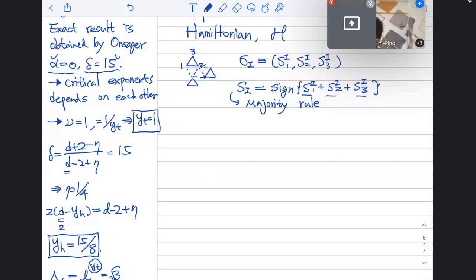So the question is, what are the possible combinations for this tuple sigma_i? Let me try to write them out. For sigma_i, we could have the tuple where all spins are pointing up, and 2 up, 1 down, and the cyclic permutations of them.